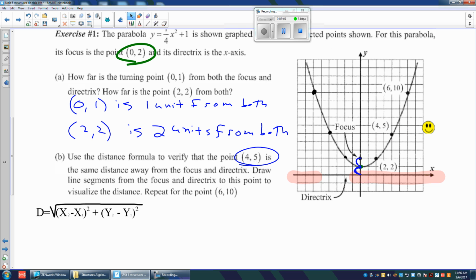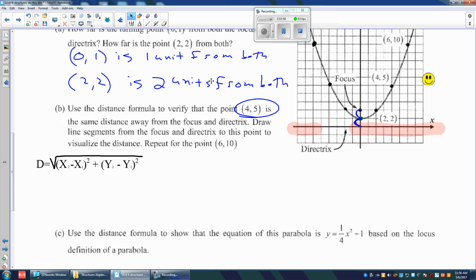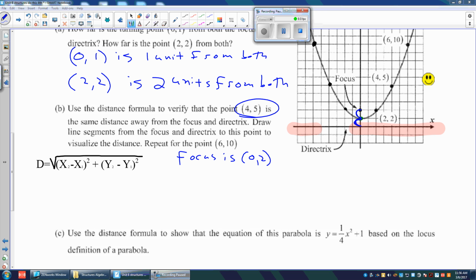Remember, I was just drawing with a smiley face a right triangle. So the Pythagorean theorem derives the distance formula. Let's fill in the points. Given the fact that the focus is the point (0, 2), I'm going to call this x2 and y2. And then the point in question, (4, 5), that's going to be x1 and y1.